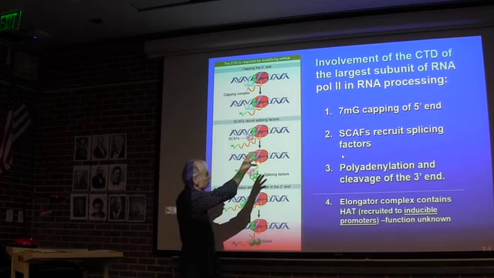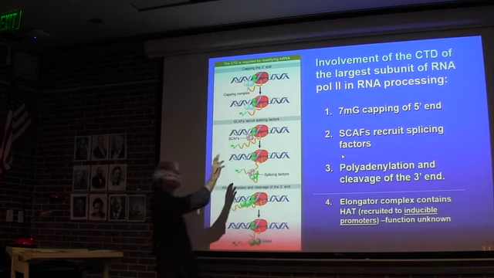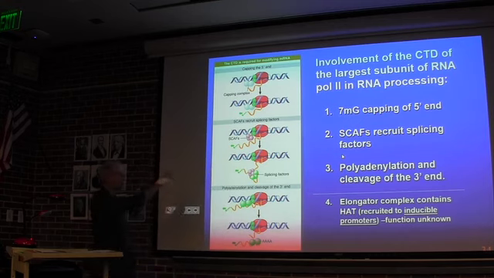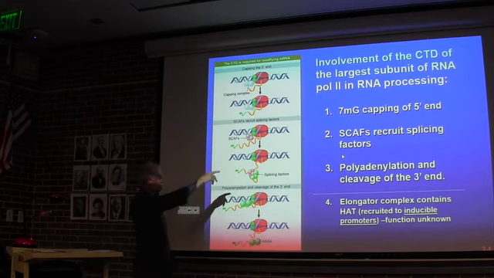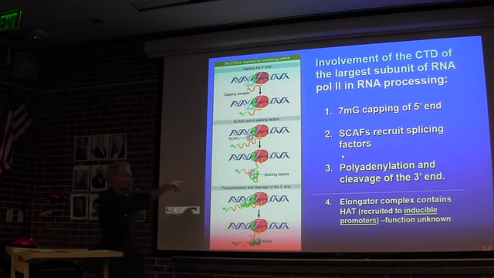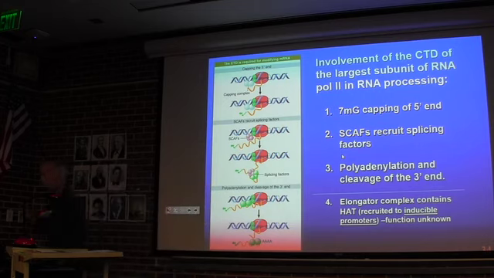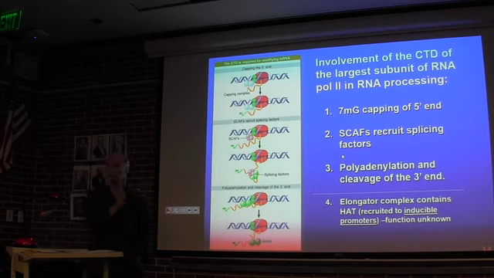The main ones are the first three here: capping, the 7-methyl-G; the SCAF, which is splicing, the spliceosome; and polyadenylation and cleavage of the transcript. That's how the transcript is terminated in a eukaryote. The polymerase doesn't do it. There is no intrinsic terminator.